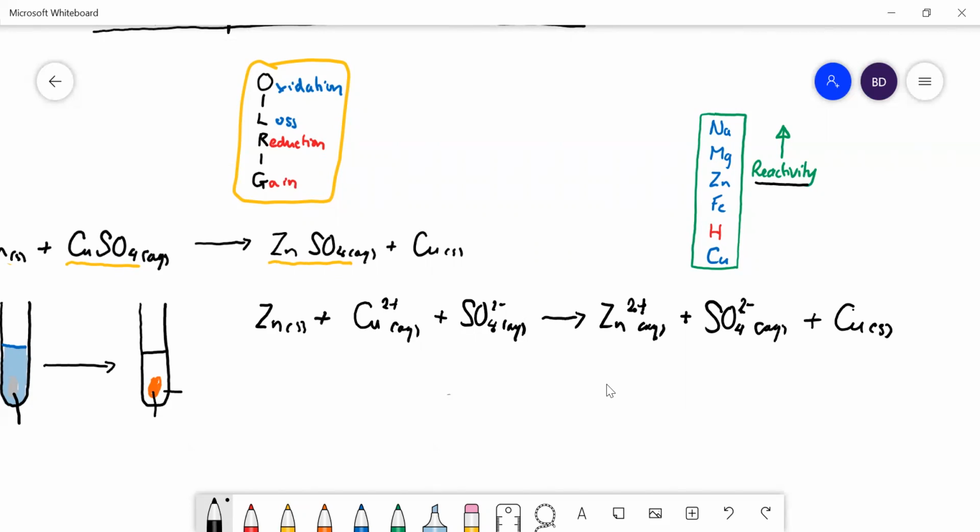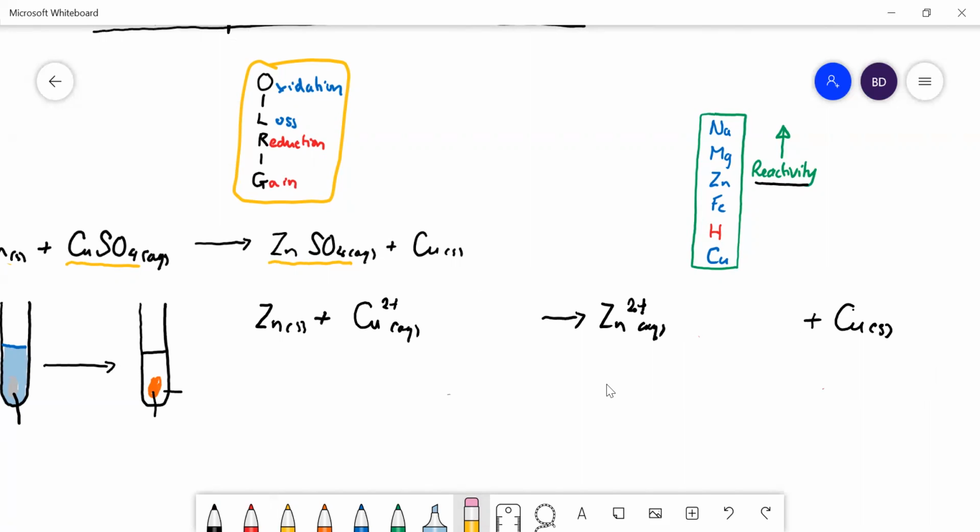Let's see what's happening there. Now we're going to look for so-called spectator ions. Spectator ions are things that don't change as you go from the left-hand side of the equation to the right-hand side. You can see, hopefully, that the sulfate ions don't actually do anything. They're just floating around there. So we're going to rub those out so you can see more clearly what's actually changing.